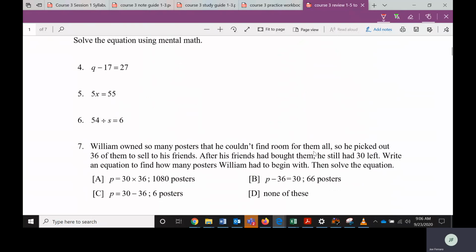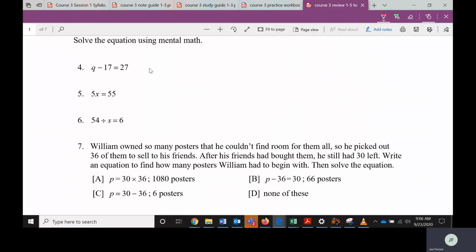These will be the same type of problems here, but there's just no multiple choice. So when you do this, you could just try things. Like if you think the answer is 30, you take 30 minus 17, and oh no, that's not right at all.